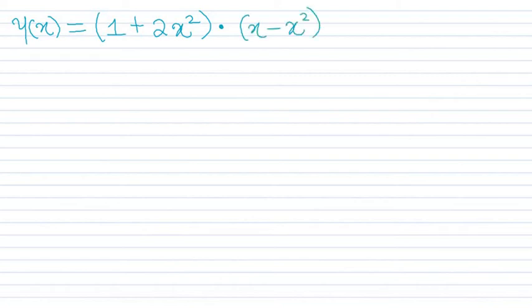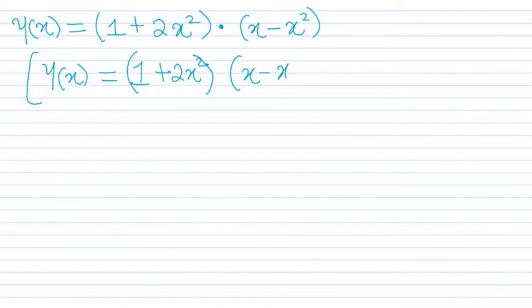So this is our function. Now we're going to try to differentiate this. So y of x equals 1 plus 2x squared and x minus x squared. What are we going to do? We're going to differentiate it. So I put the prime here.